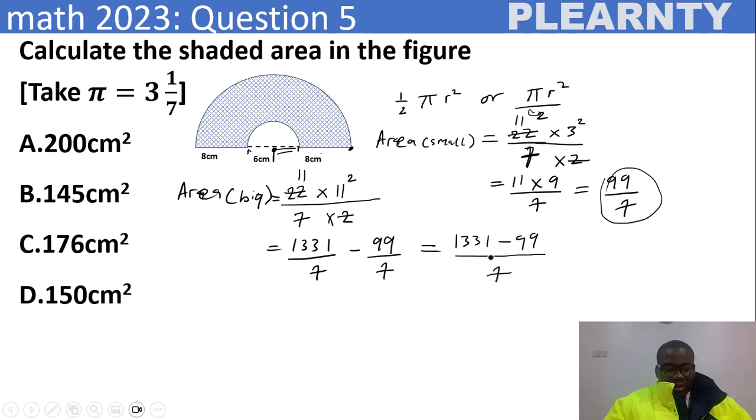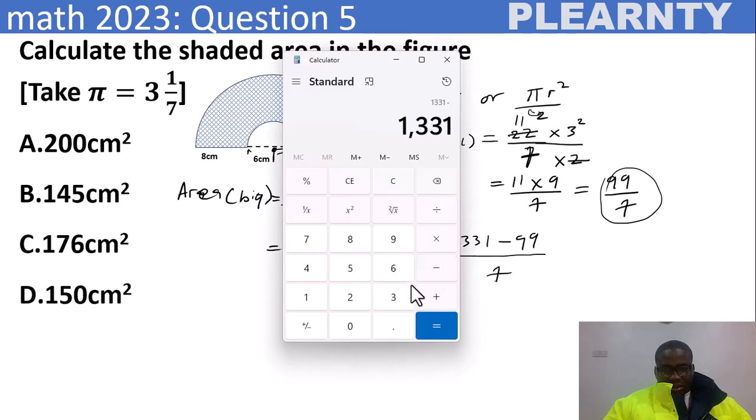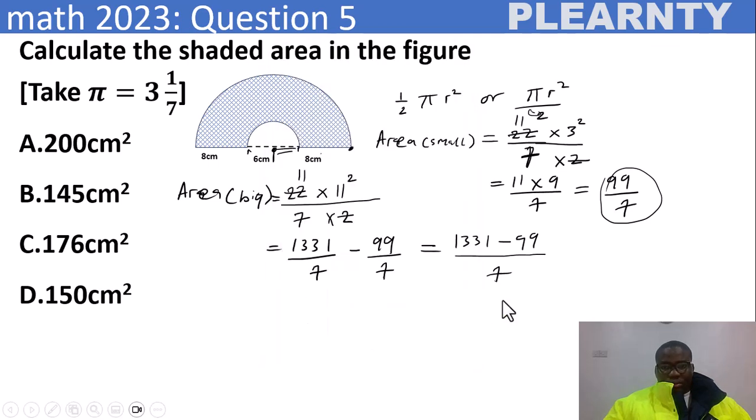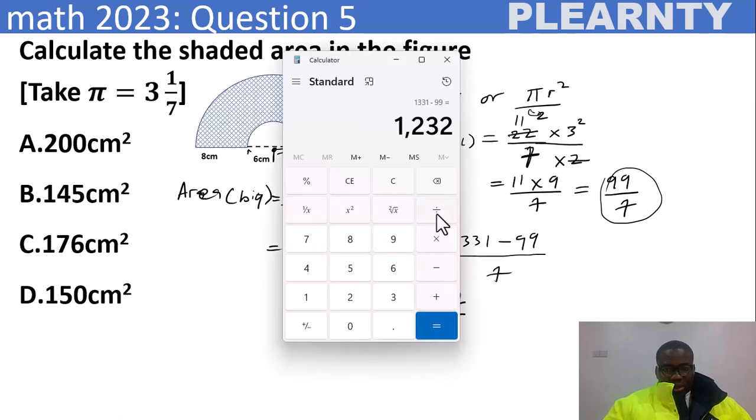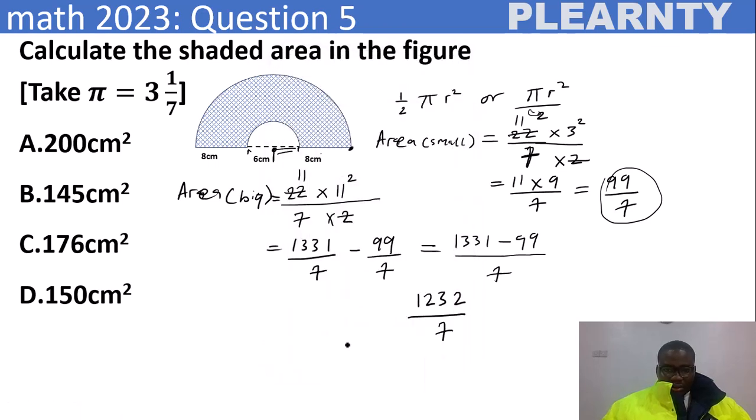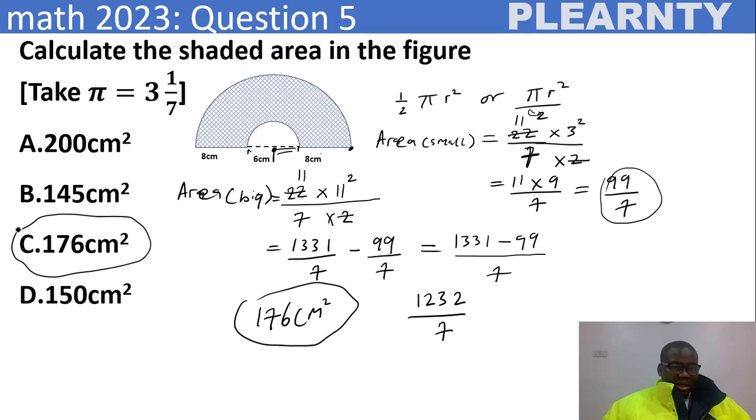So 1331 minus 99, 1232. So you have 1232 over 7. 1232 divided by 7, and that is 176. So our final answer is 176 centimeter square, and C is our final answer.